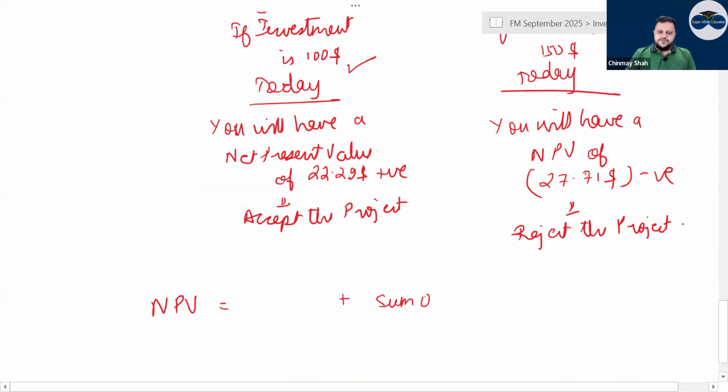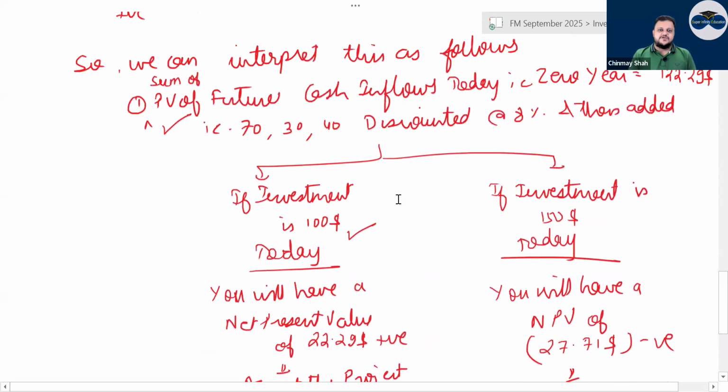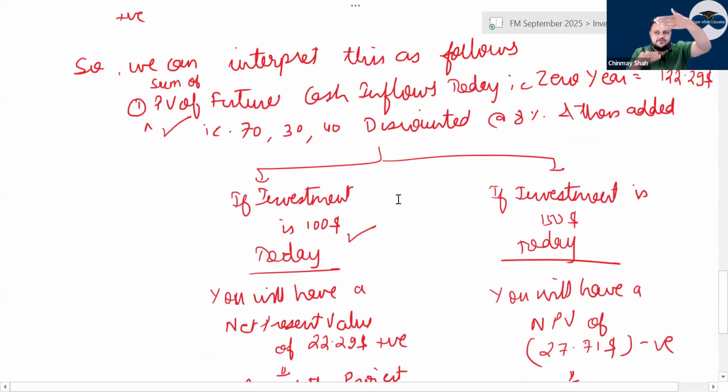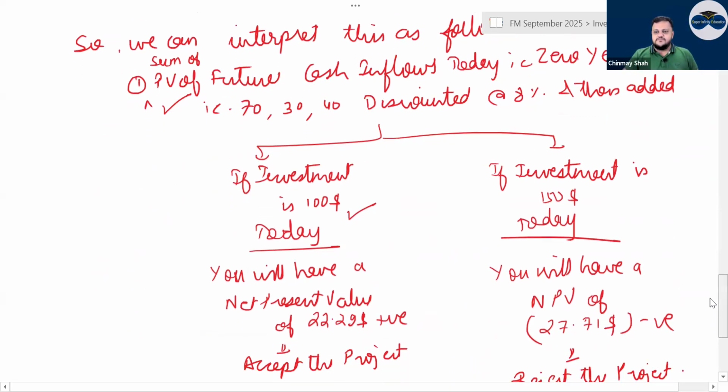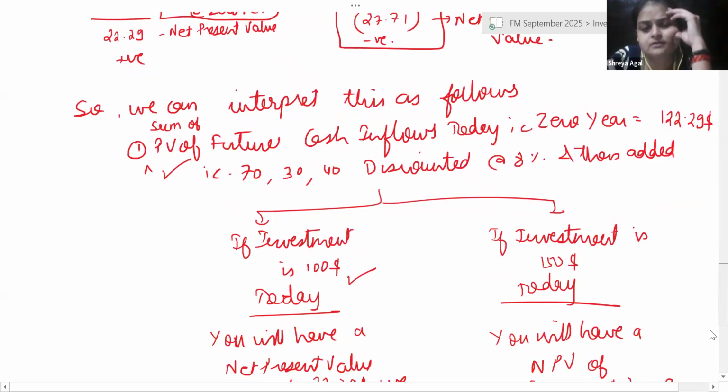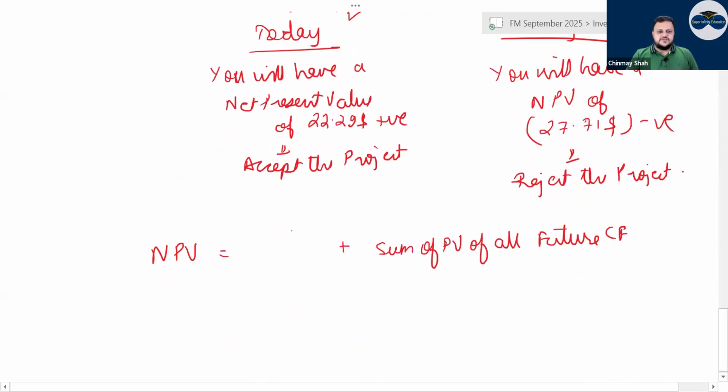So can I say sum of present value of all future cash flows? And what did you add to it? Now see, 122 you had positive and you deducted 100 from it, correct? Or negative 100 means what did you deduct from it? Initial investment. Everybody okay with initial investment?